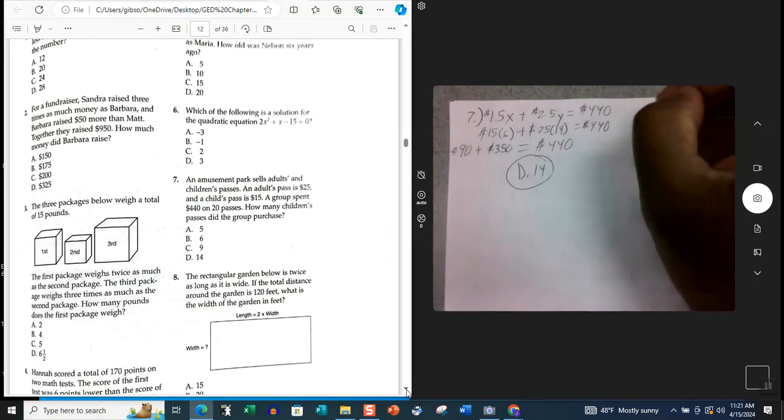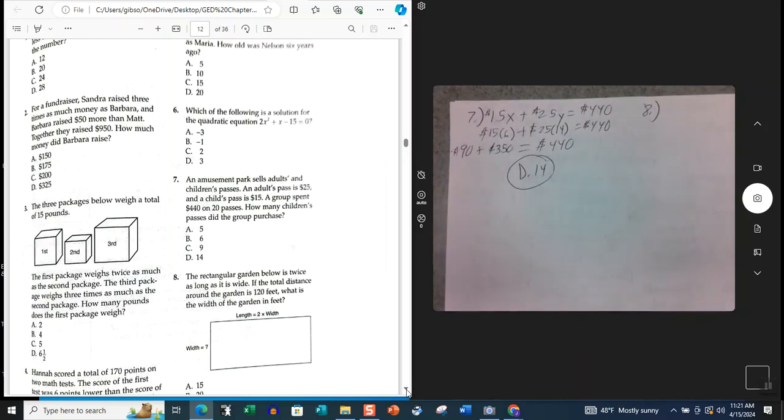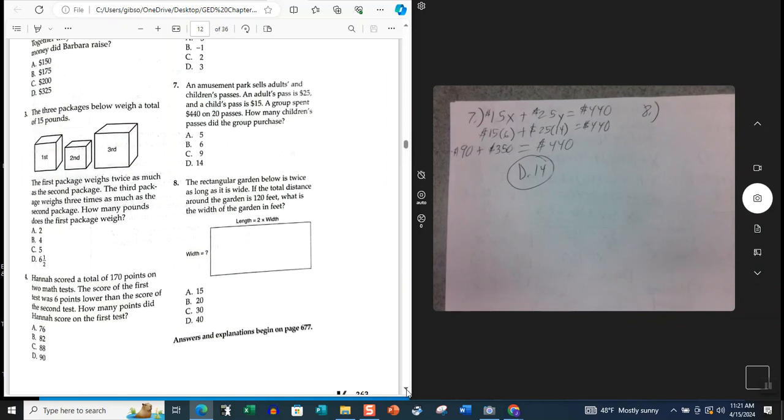Now we go here to problem number 8. Problem number 8, it says the rectangular garden below is twice as long as it is wide. If the total distance around the garden is 120 feet, what is the width of the garden in feet? Now, you notice here that we have this rectangle.